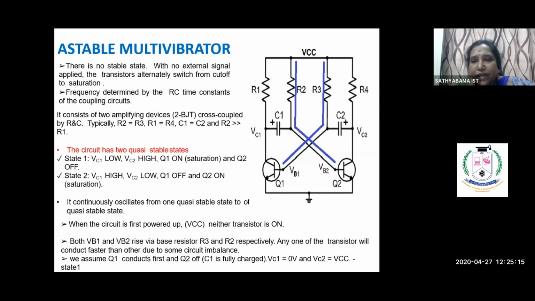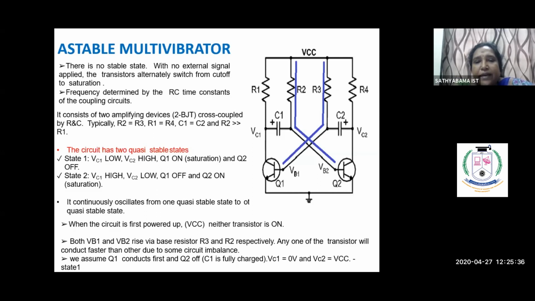Now you can understand that both transistors are identical to each other, so R2 is equal to R3, R1 is equal to R4, and also capacitor C1 is equal to C2.